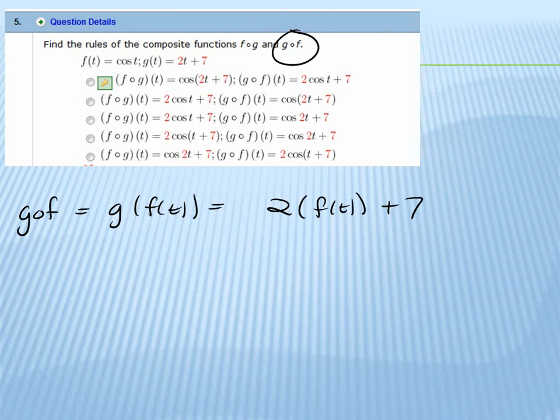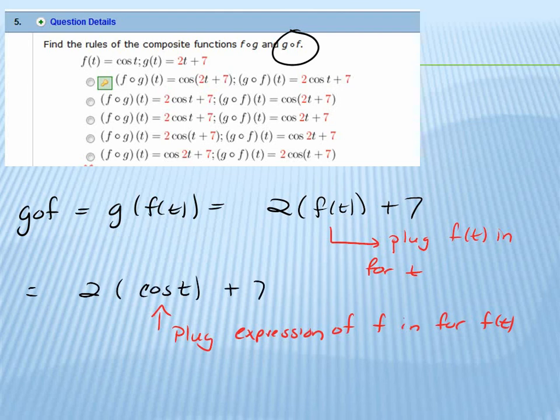You take f and you plug it in for t. So I did that, g of t is 2t plus 7. I put in, instead of t, f of t. And then I take the expression for f of t and I substitute that in. So I get 2 cosine t plus 7. And you see on the green key problem, 2 cosine t plus 7.